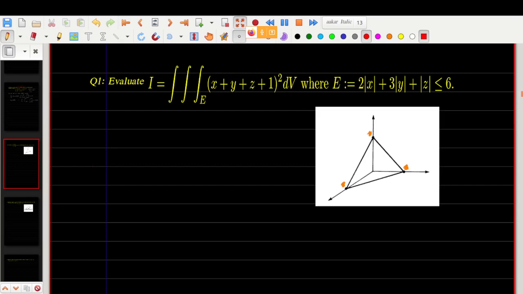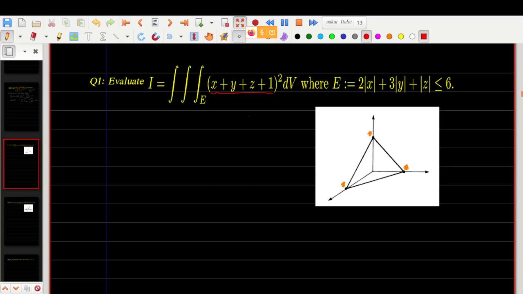So the first problem: find the value I, where I is the triple integration of the function (x plus y plus z plus 1), sometimes known as the integrand, squared, dV. I have written dV because I don't know the ordering of integration so far. After I get the ranges of x, y, z, I can write the ordering of dV and the region. Given is 2 times mod x plus 3 times mod y plus mod z less than or equal to 6.